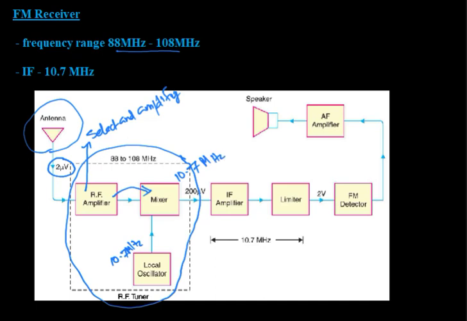So this mixer circuit produces an intermediate frequency of 10.7 MHz from the signals received from the radio frequency amplifier and the local oscillator. Usually the radio frequency amplifier amplifies the radio waves from 2 microvolt to around 200 microvolt. That is, the amplification factor here is 100.